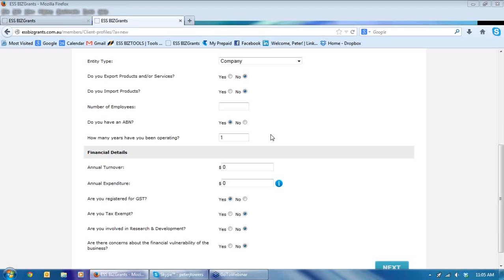The only potential way they could have got a grant is if they were located in a remote area and had a turnover of over $750,000. In a remote area, any type of business is eligible for an Enterprise Connect grant so long as the turnover exceeds $750,000 and the business has been operating for 3 years.